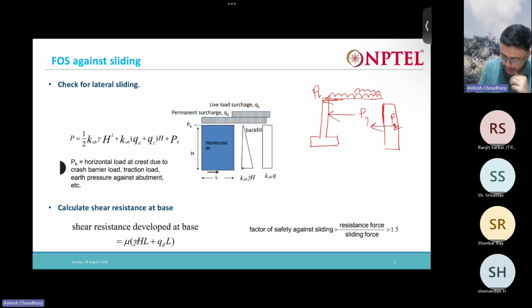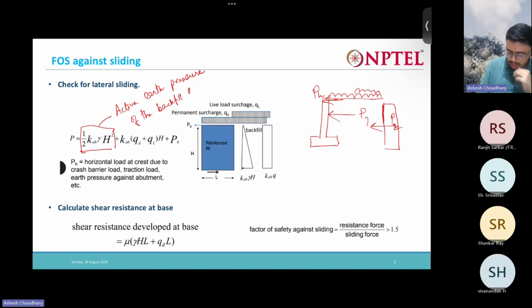This portion is coming from the active earth pressure of the backfill soil.